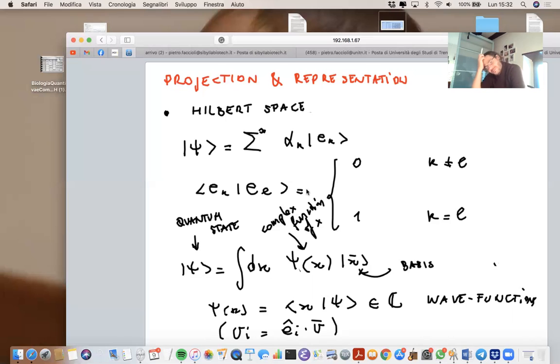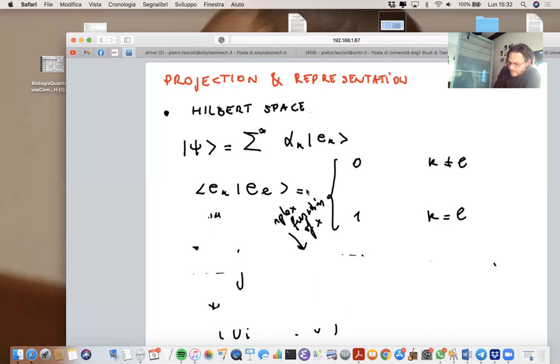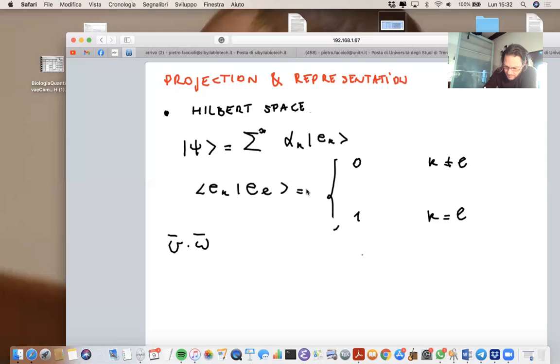So when we now look at the inner product between vectors, between quantum states, and we use bilinearity, we discover a relationship that is similar to the relationship we use to define the vector's product. Remember, we want the analog of this. So let's consider psi and chi.